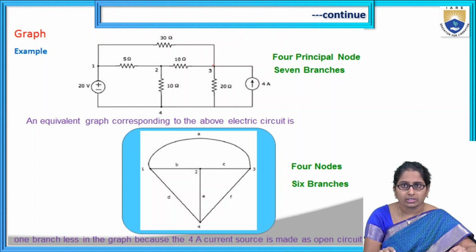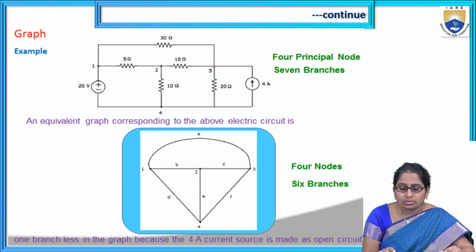What are those elements? 10 ohm, 20 ohm and 30 ohm. So this is node 3. If you see the next point, this is not a node because not even two elements, only one element, that is the current source, is connected. So this is not a node. Down also is not a node.